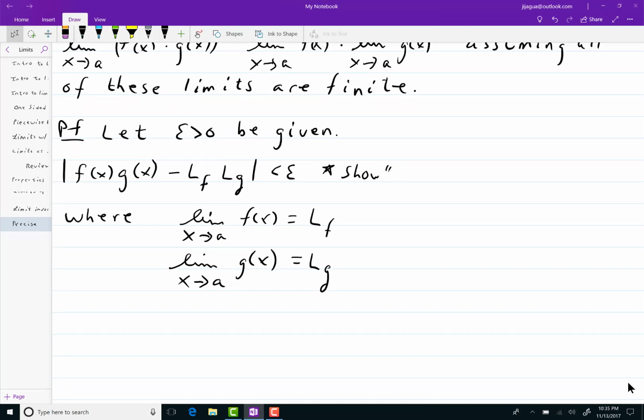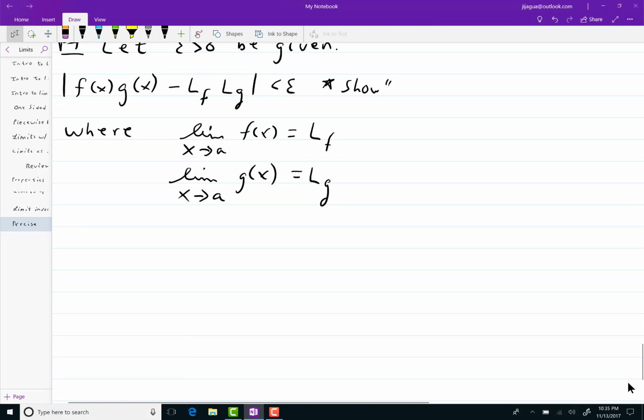As I mentioned, let me go ahead and start with that inequality and show you some of the things I do to make this all work out. This epsilon is given to us in advance. So let's start with that absolute value again. I'm going to insert a couple of terms here, a little trick that we use.